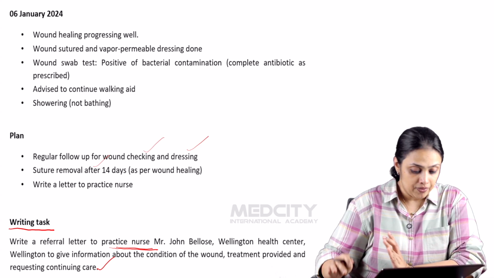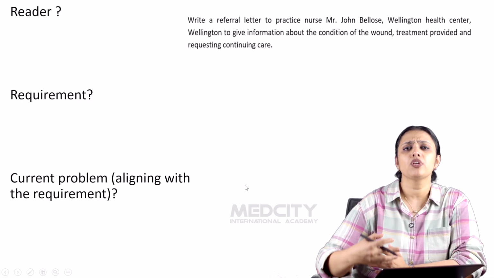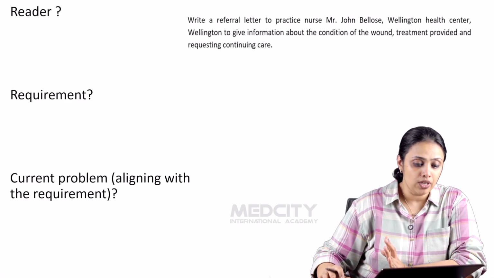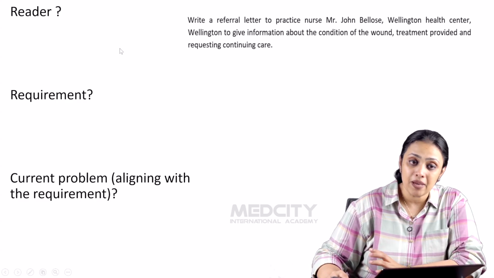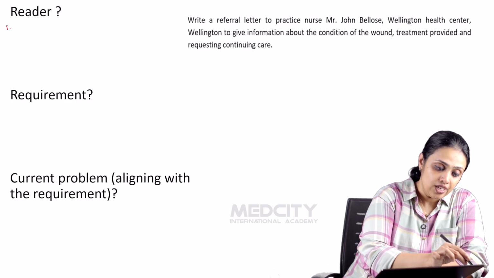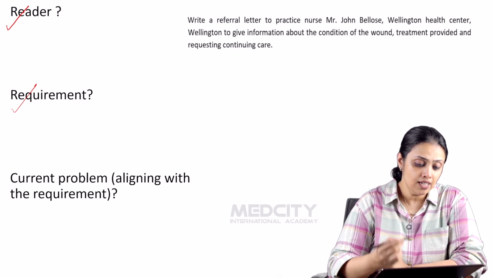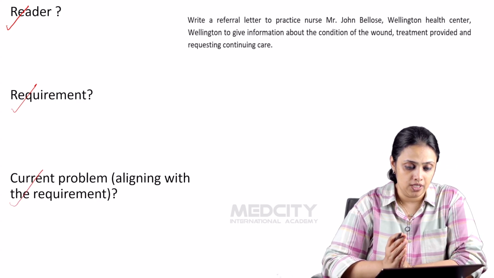Now, by the end of this 5 minutes of reading time, we might not be able to recall all the details that we have gone through, but at least we should have answers to these basic questions: who the reader is, what is the requirement of the patient from the reader, and what is the current situation or the current problem of the patient.